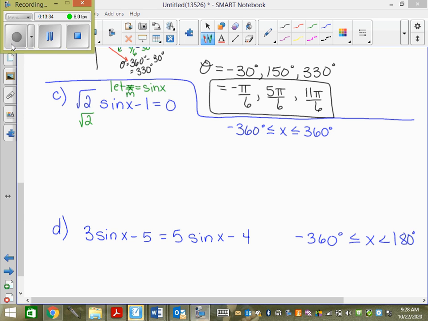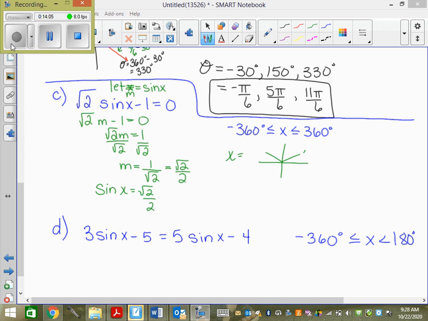So root 2 n minus 1 equals 0, add the 1, root 2 n equals 1, divide by root 2, and n equals 1 over root 2, which is actually the same as root 2 over 2, right? So I have sine x equals root 2 over 2. On the unit circle, that happens at x equals here and here. So 45 and 135.